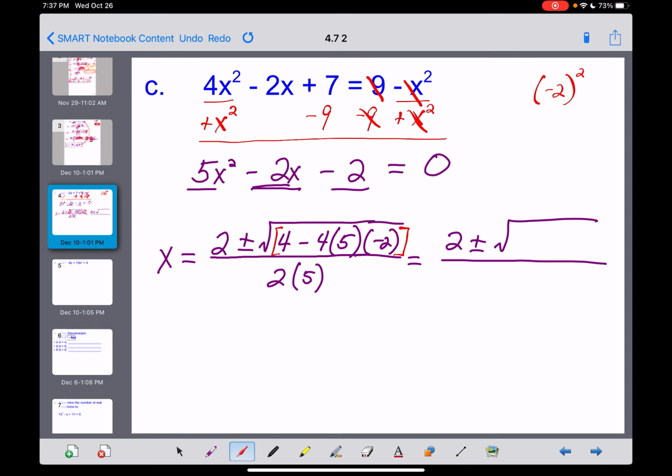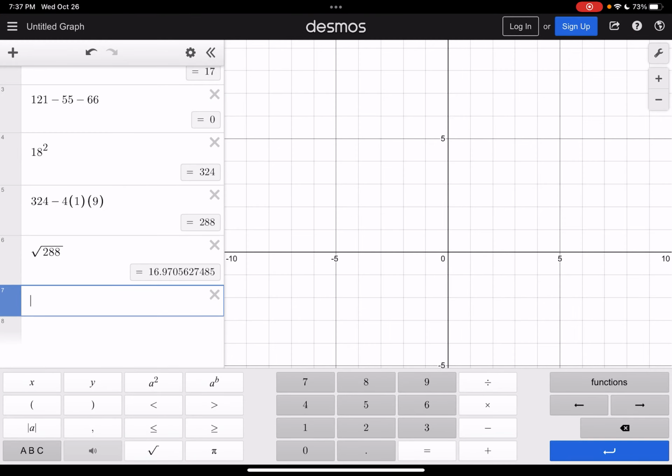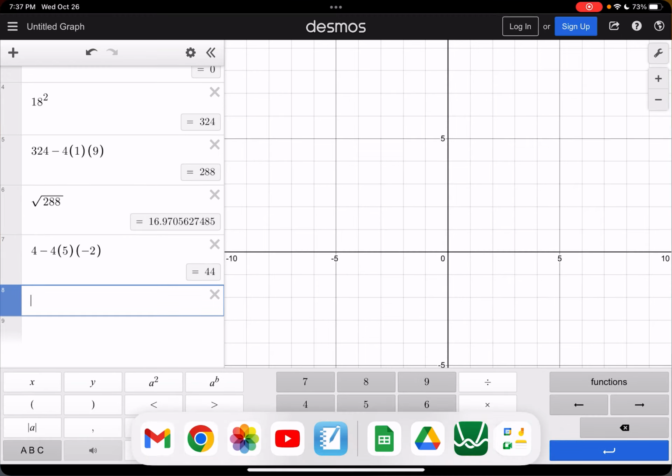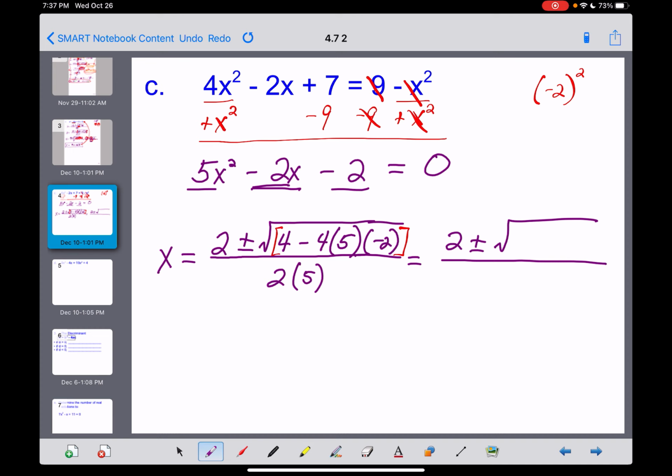Okay, 4, 4, 5, negative 2. Let's see if I can remember that. All right, so it was going to be 4 minus 4, and then in parentheses we had a 5 times a negative 2. There we go. And it looks like all that is going to equal 44. Okay, so that's a 2 plus or minus the square root of 44. And in the denominator, the 2 times 5 is going to get us a 10.